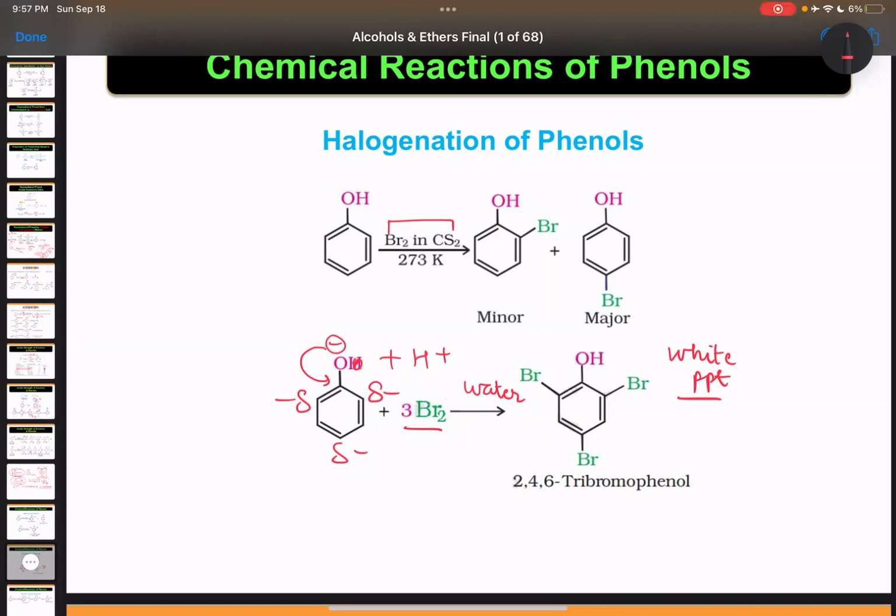But in carbon disulfide, that is a non-polar solvent, so this doesn't get ionized. This will not ionize, and the OH will not become very reactive. Okay. Clear? So can you tell that so that I can note it down? Yeah. So carbon disulfide.